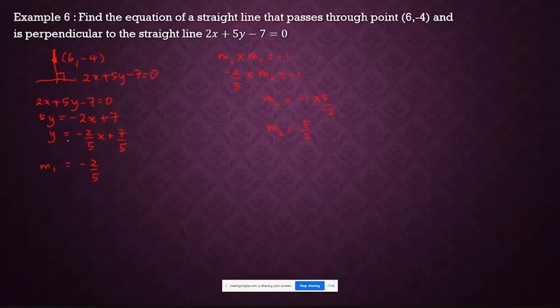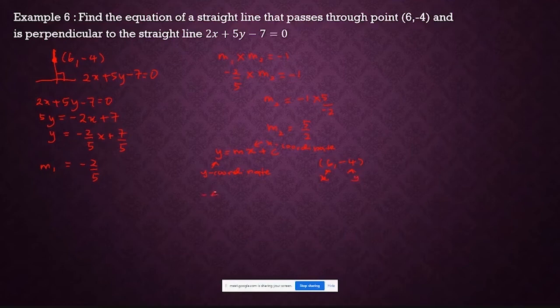Now, since we have the value of the second gradient, we can find the equation of the second line. This is the y coordinate, this is the x coordinate, and the line passes through the point (6, -4). So this is our x, this is our y.